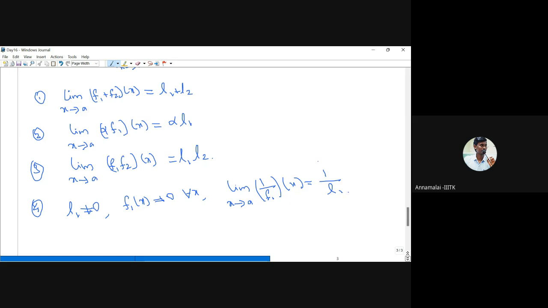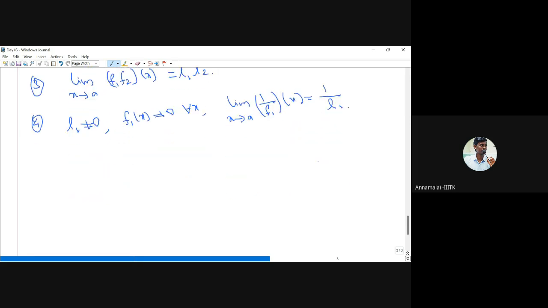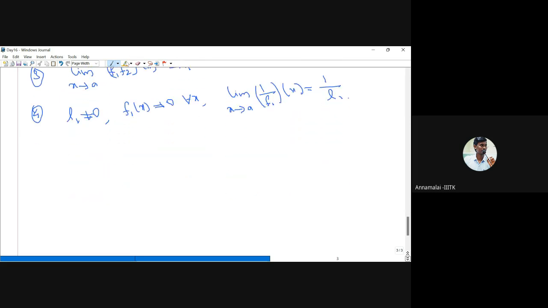Now, what about the composition? So, next theorem. Suppose we have a limit of a function at the point a: the limit as x goes to a of f of x is some alpha.